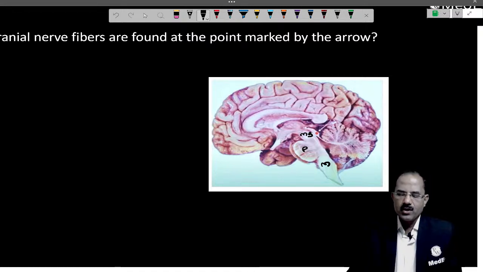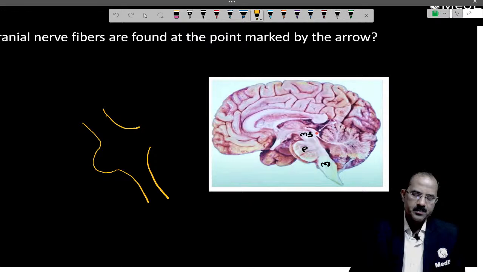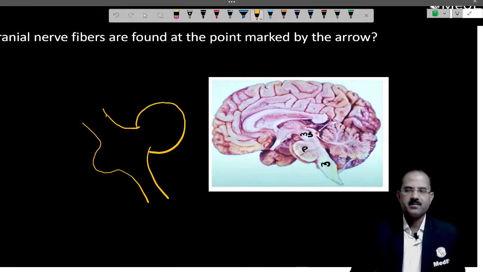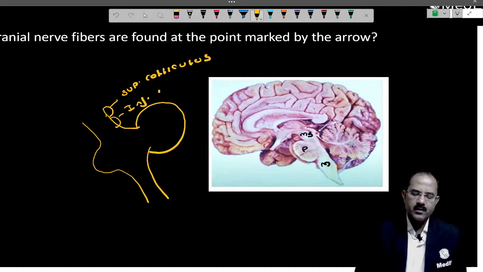Correct? So midbrain, let me just draw this. This is the midbrain. That's a pons. That's a medulla. And who's this behind here? That's a cerebellum. In the midbrain, we have got two structures like this. What is this? This is the superior colliculus, and that's the inferior colliculus.